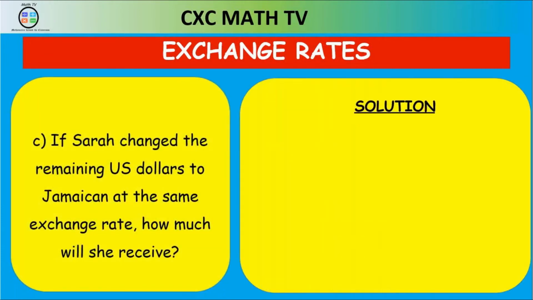All right. So part C, it says if Sarah changed the remaining US dollars to Jamaican at the same exchange rate, how much will she receive? So the first thing, remember, Sarah had USD $99.06, right? And then Sarah spent, how much did she spend on the gift for her aunt? $27.50.